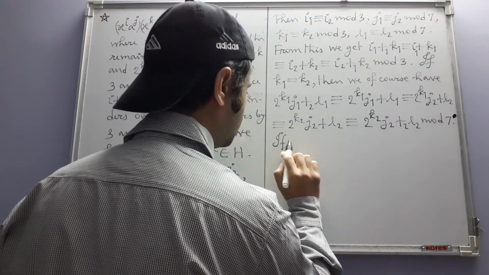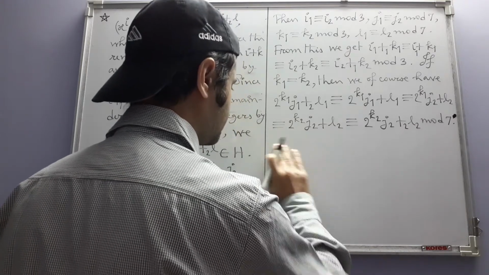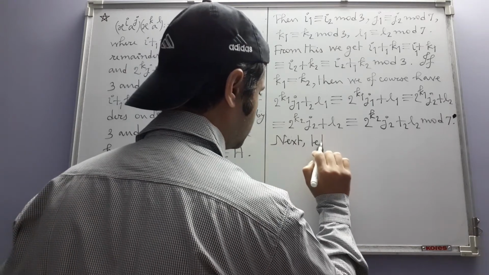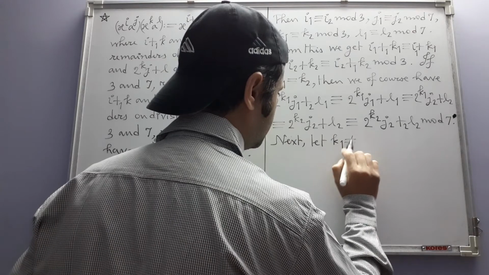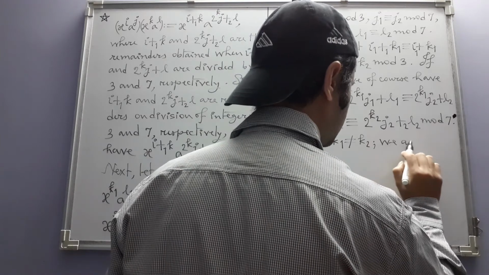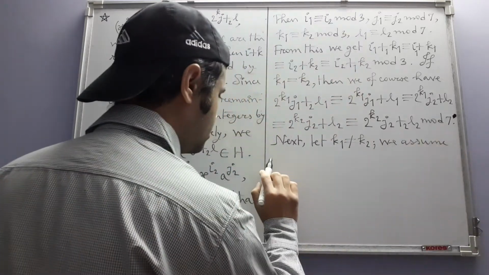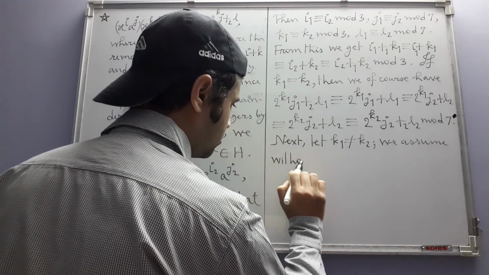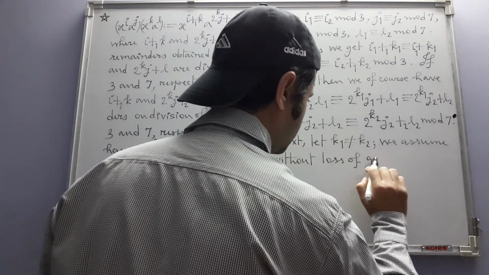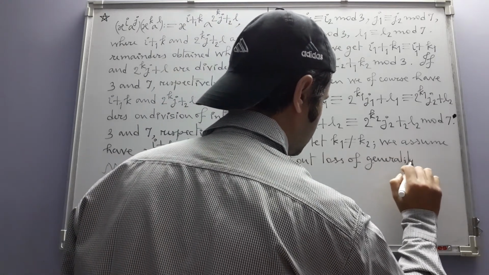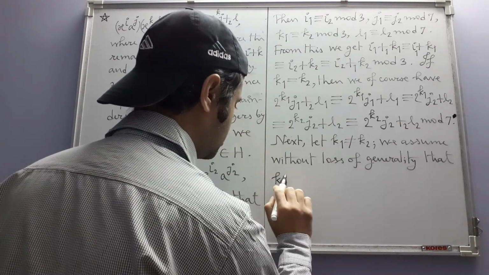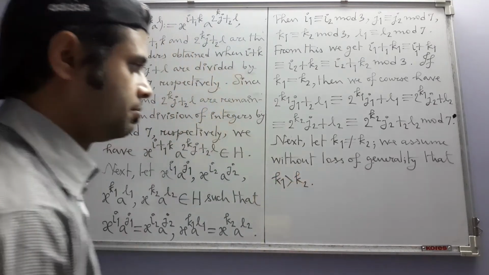Next, let k1 be different from k2. We assume without loss of generality that k1 is greater than k2.